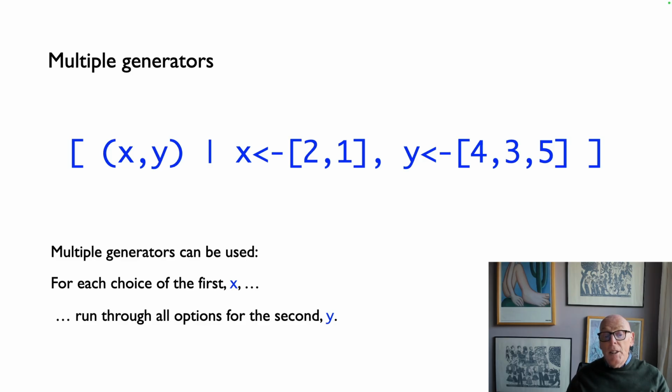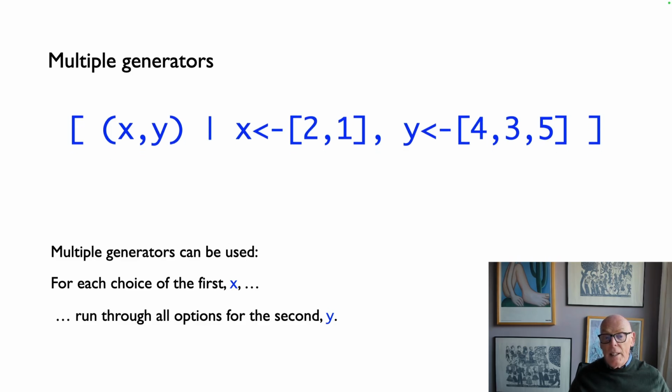We can use multiple generators. So here what we're doing is we make a choice of x, and then with that choice we run through all the options for y. We'll see that gives us a list of pairs. You can see the order of the list of pairs tells us how things are being selected.